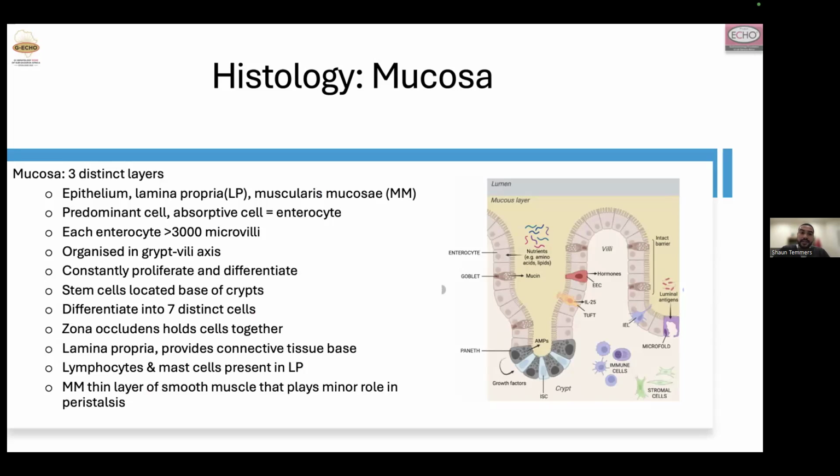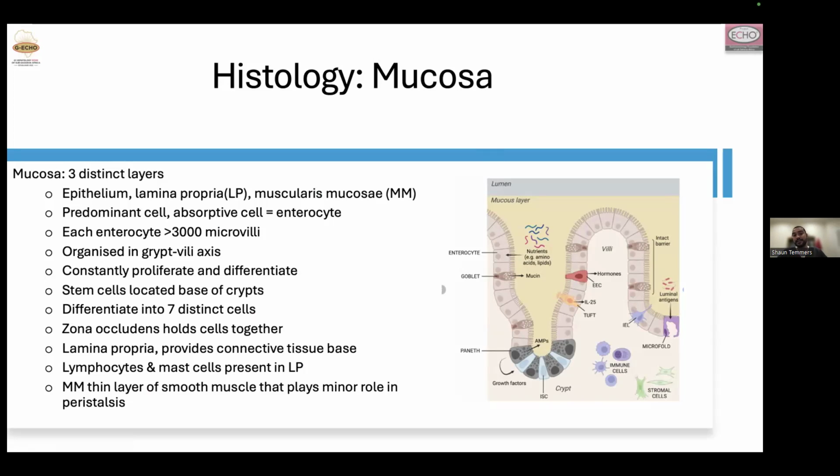They are organized in a crypt-villus axis, and they constantly proliferate and differentiate, with the stem cells located at the base of the crypt, as you can see in this diagram, and they migrate to the apical pole. This allows for 7 distinct cell types to occur within the epithelial layer, and these enterocytes are held together by zonula occludens, which holds them tightly together.